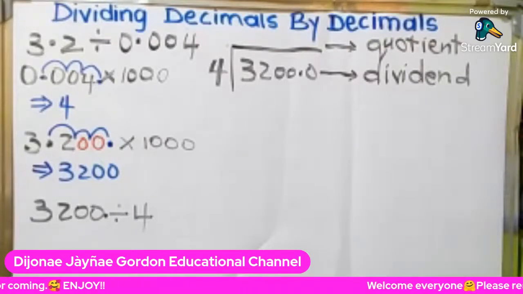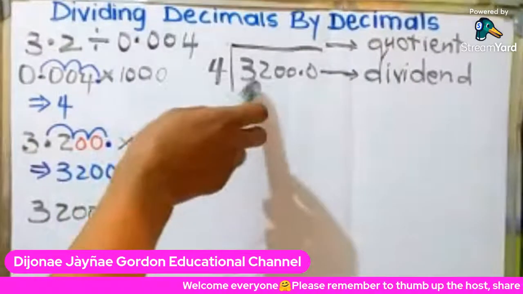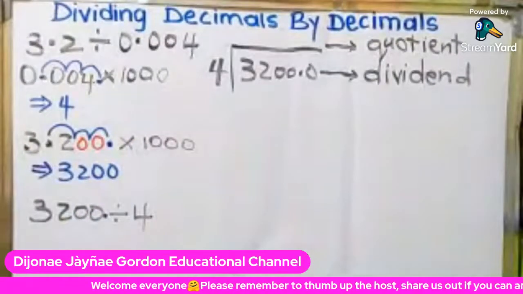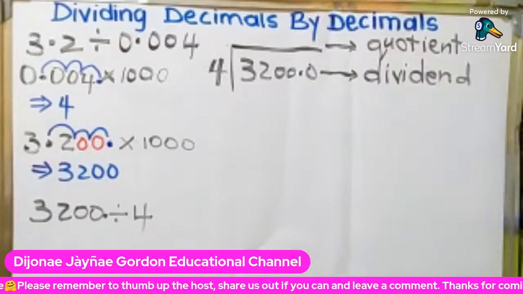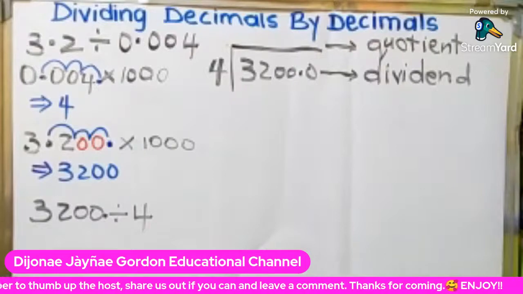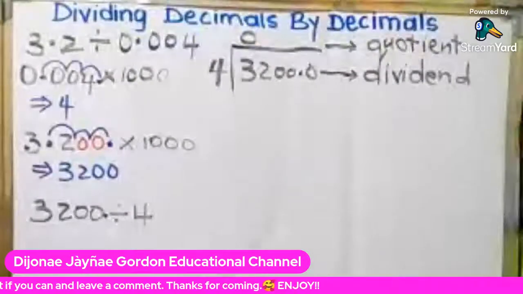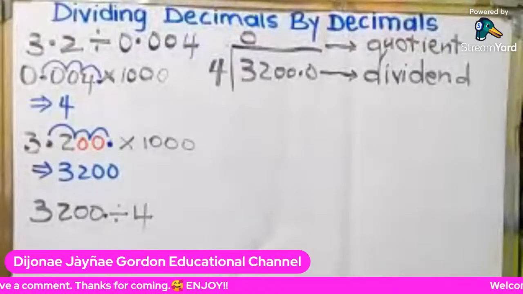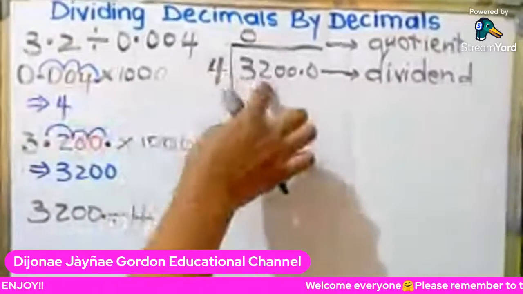First, you have to ask yourself, how many groups of 4 can you get from 3? And of course, you can't, so you're going to write 0 right here. The next thing you are going to do is to say to yourself, how many groups of 4 can you get from 32?